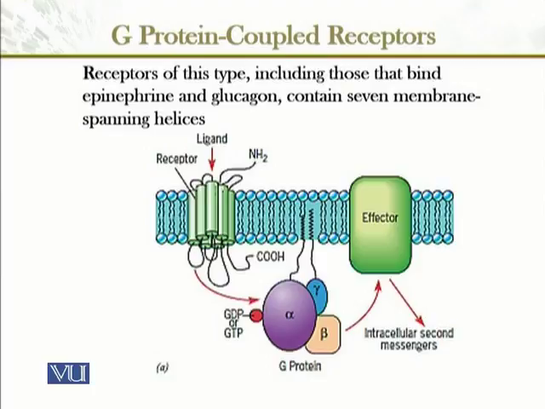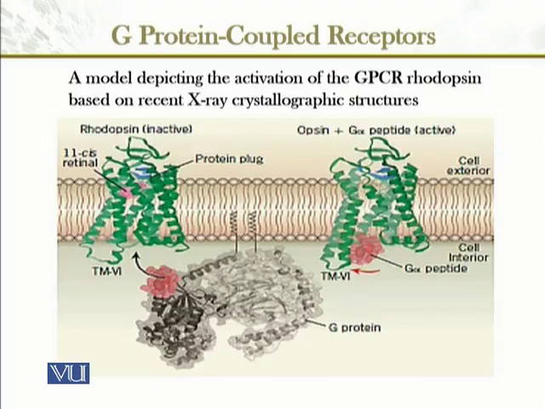Further, they go to the effector, and intracellular second messengers are produced which make the signal. They are the G protein or the transmembrane receptor shown in this diagram.